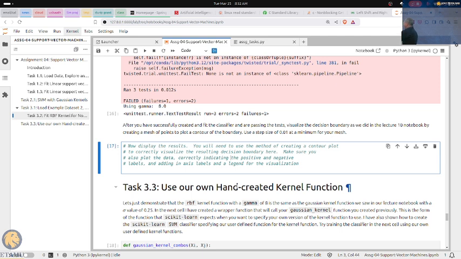There's a couple of examples of doing that in the lecture notebooks, so you should be able to use any of those examples to make a contour plot that correctly shows where the line is that ends up being the dividing line, the decision boundary between the classes.